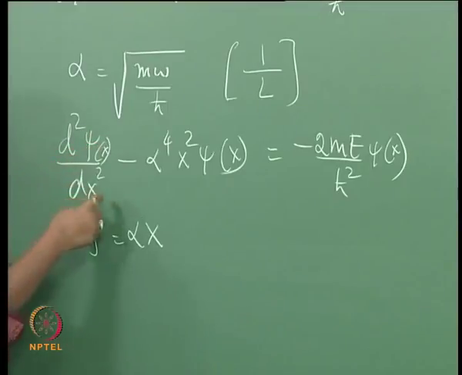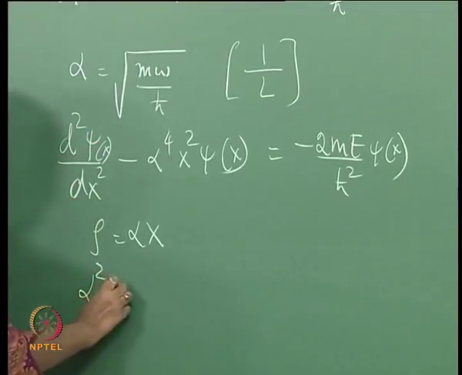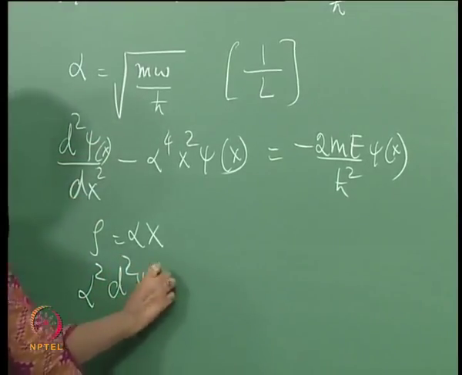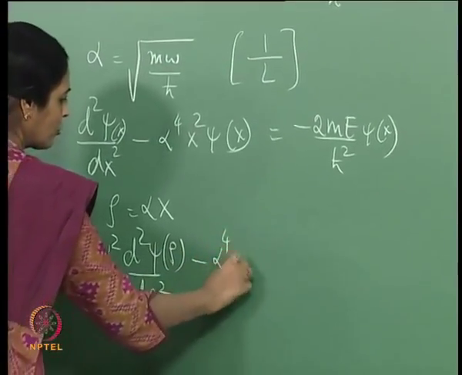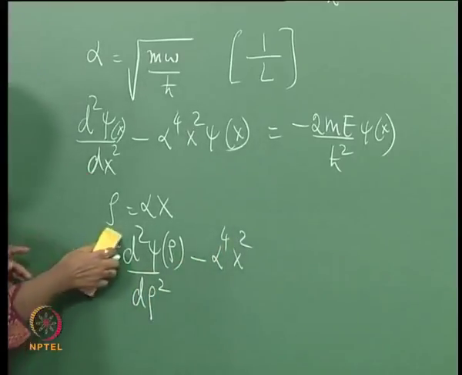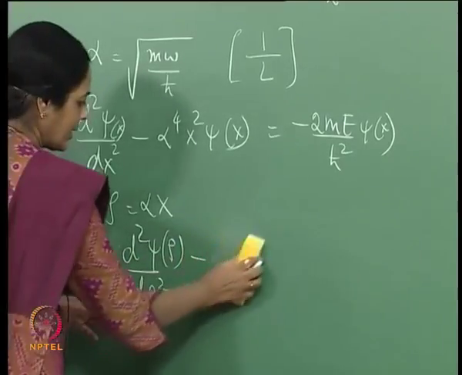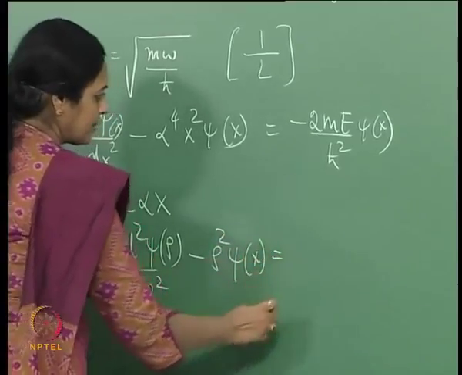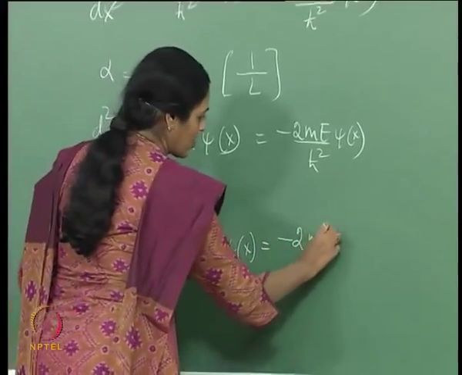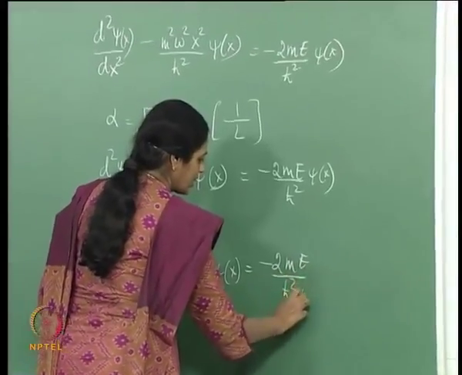For d2 psi by dx squared would become alpha squared d2 psi of rho now by d rho squared, minus alpha to the 4 x squared, but then if I bring down this alpha squared I get a minus rho squared here, psi of x is minus 2mE by h cross squared alpha squared psi of x.